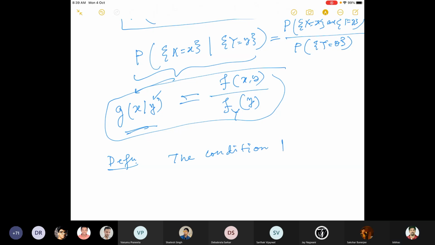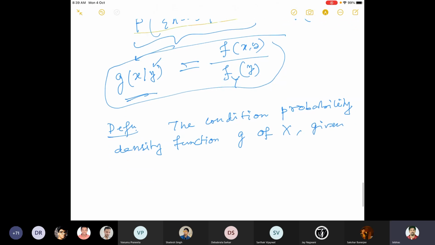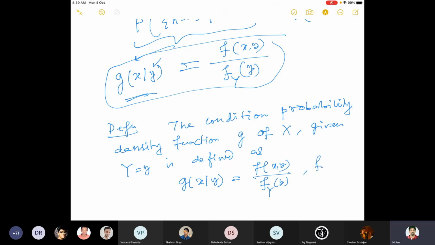The conditional probability density function g of x given Y equal to some small value y is defined as g(x given y), which is f(x,y) divided by f_Y(y), when f_Y(y) is positive.